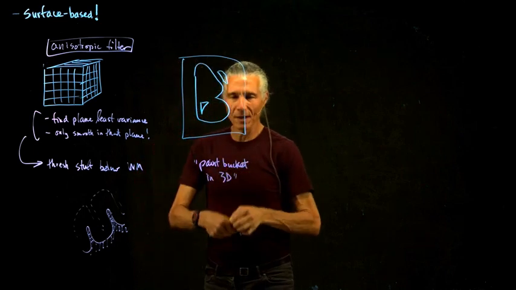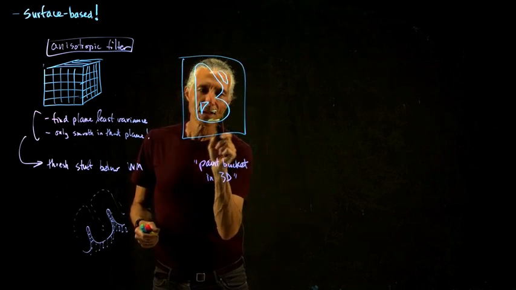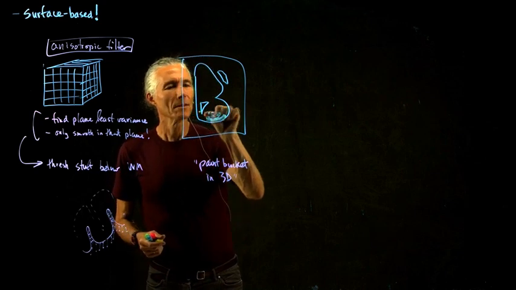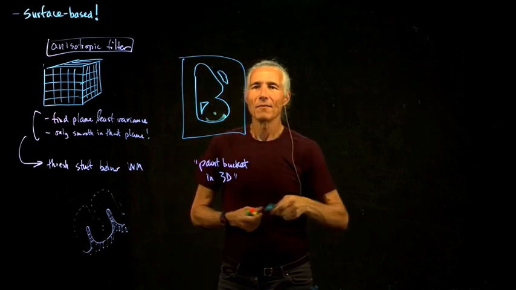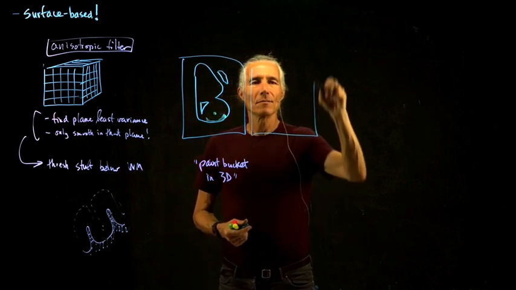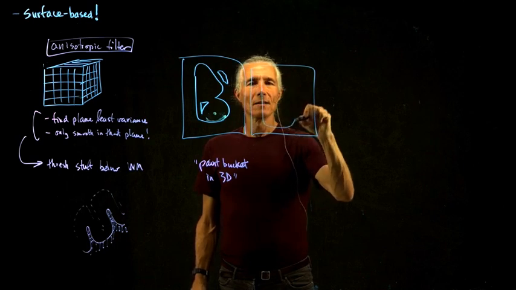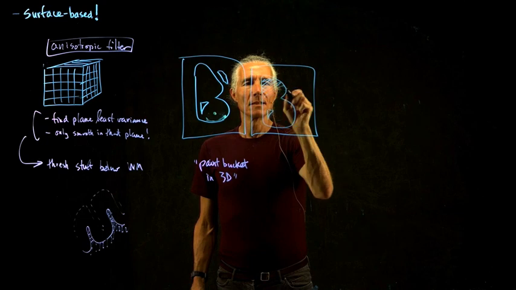So I just put a seed in there, and then fill it up. So we start with a seed there, and then we fill it up. So what will happen? It will fill up this guy like this.